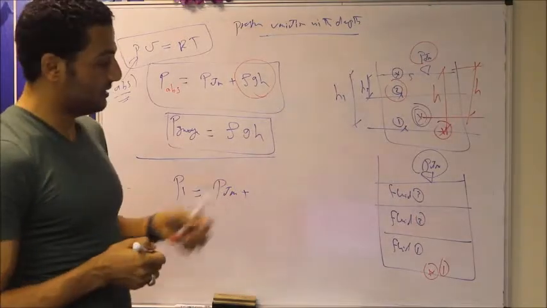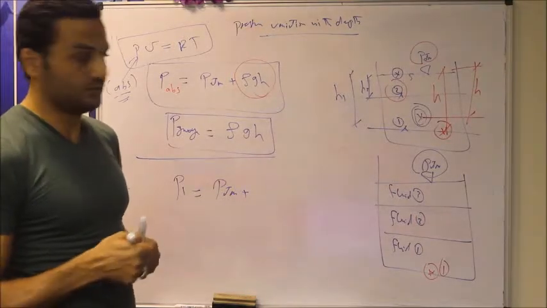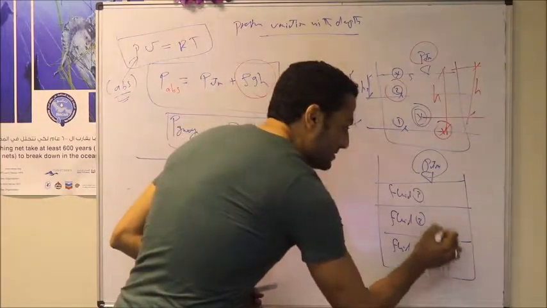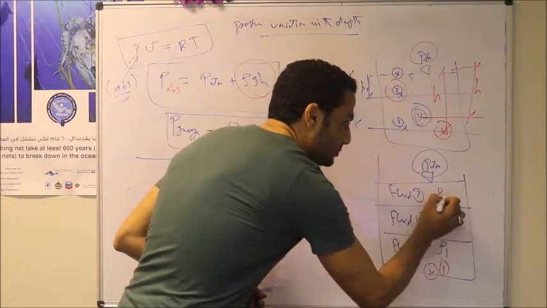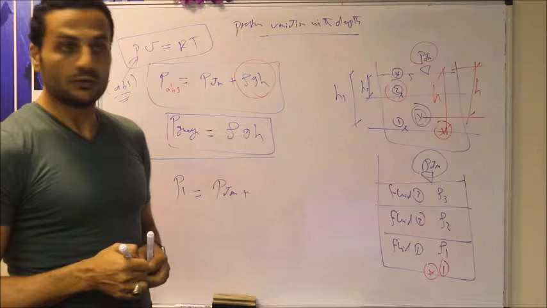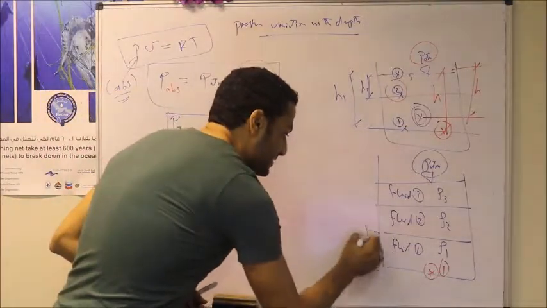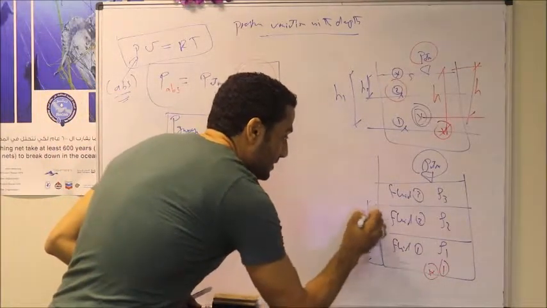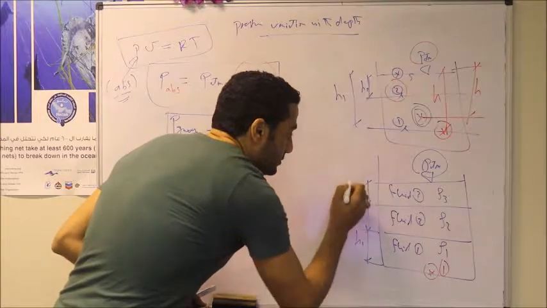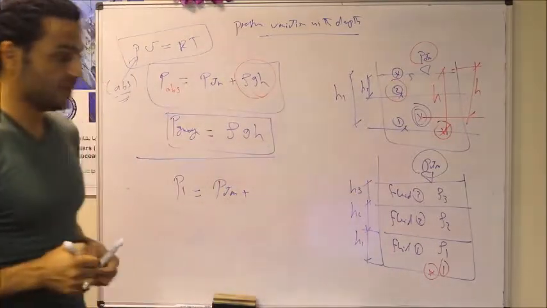But in this case, we don't have one fluid, we have 3 different fluids. Fluid number 1 has density rho 1, this one has density rho 2, and this one has density rho 3. Let's say the height of fluid 1 is H1, the height of fluid 2 is H2, and the height of fluid 3 is H3.